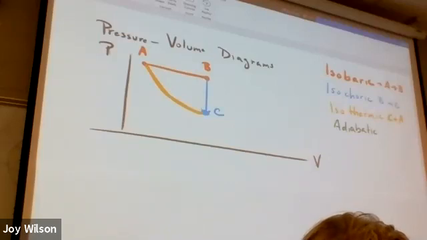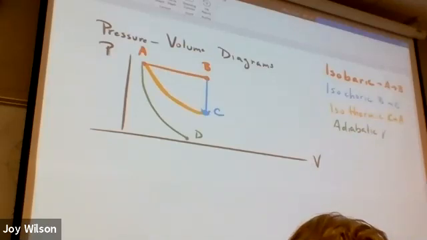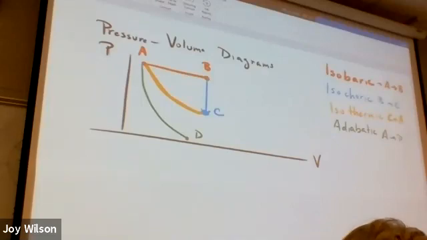But the adiabat is going to sort of look like this one, but it's going to be much steeper. That would be A to D. I'll give you a minute to get copied, and then we'll talk about how to separate these two.